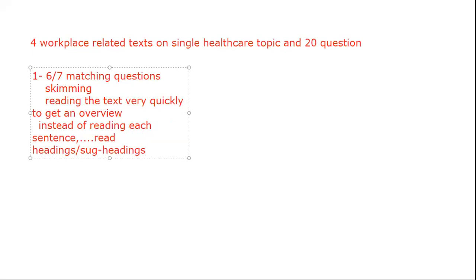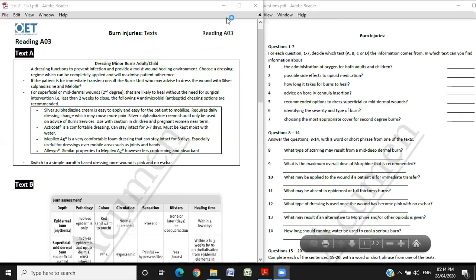And there are different skills that we need to use for skimming different types of texts, so that we are going to learn today. You can have paragraphs, you can have bullet points, you can have tables. So we are going to learn today how we skim the different portions of the text.